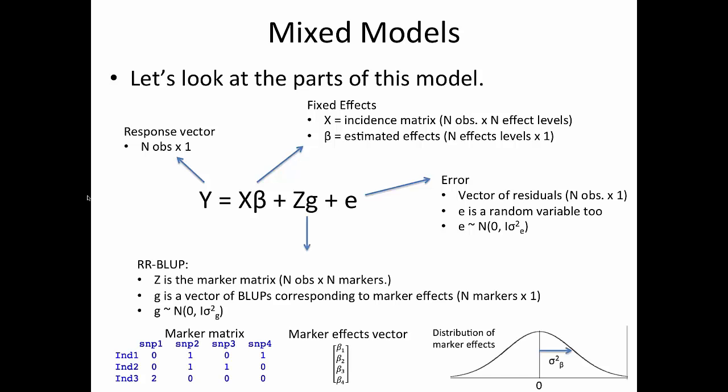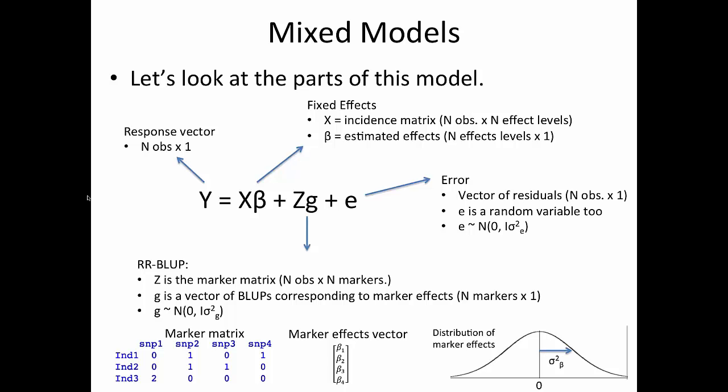And then, of course, in ridge regression BLUP, Z is now your marker matrix. So this relates phenotypic observations to marker scores for each individual. So these are just your predictors. G is now going to be a vector of the BLUPs that correspond to the marker effects.